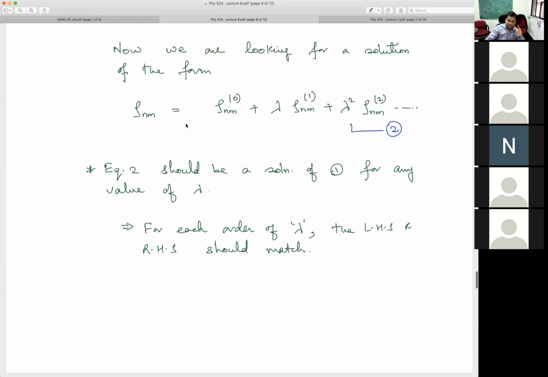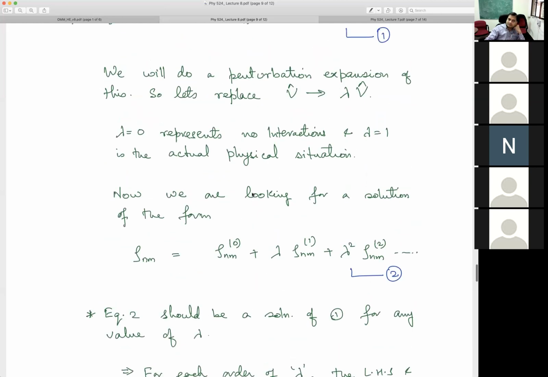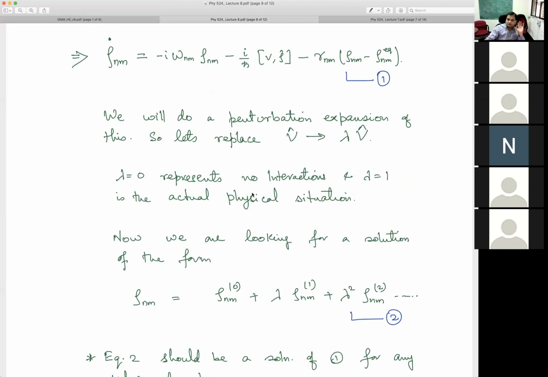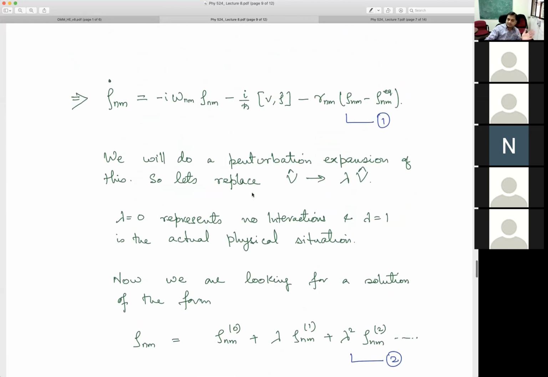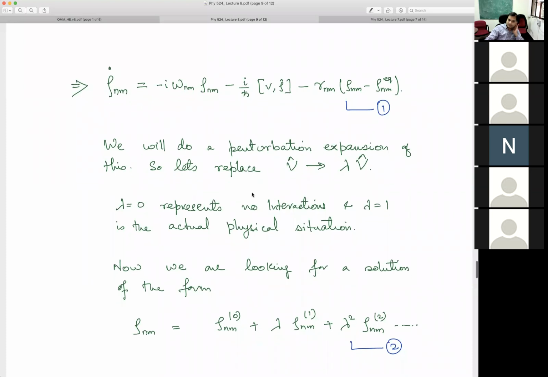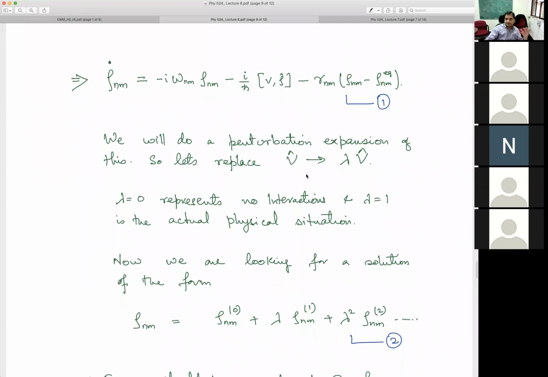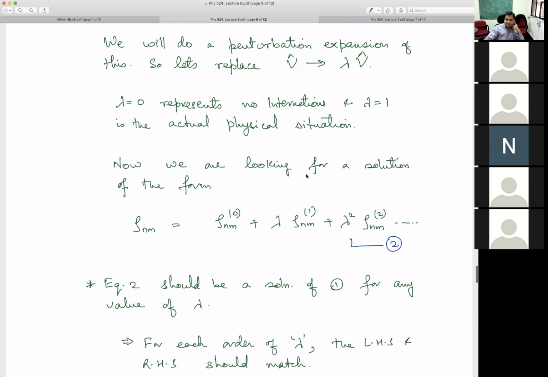And then of course this is the ansatz, equation 2. So equation 2 should be a solution of 1 for any value of lambda, right? So for arbitrary value of lambda, it should work. And lambda equal to 1 also it should work, lambda equal to 0 also it should work, and in between values also it should work, because V I can always multiply by an arbitrary number, etc.